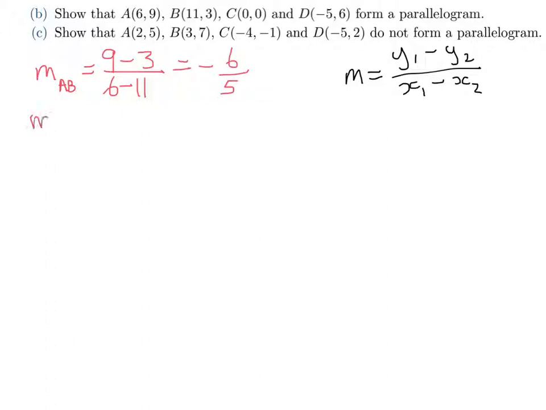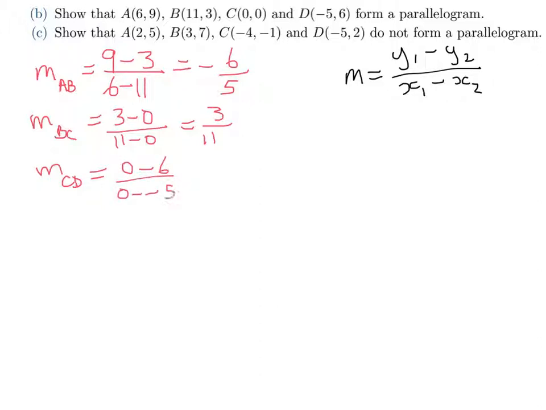The gradient of BC is going to be 3 minus 0 over 11 minus 0, so that's just 3 over 11. The gradient of CD is going to be 0 minus 6 over 0 minus minus 5, which is minus 6 over 5, which is the same as the gradient of AB.